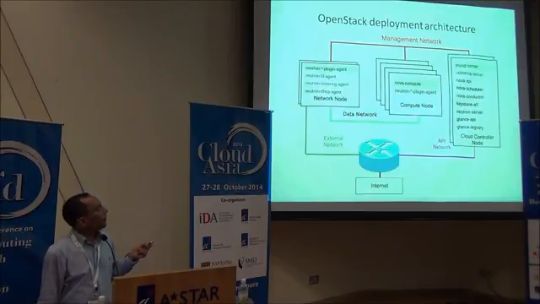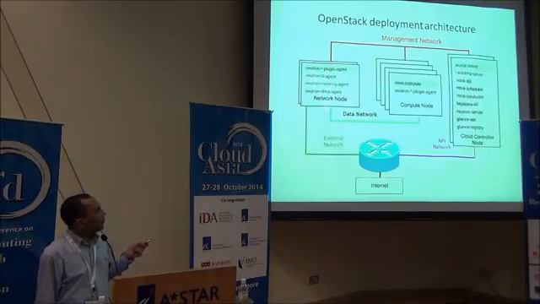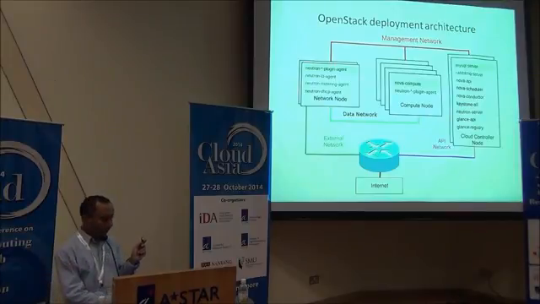Now, network node: you have a separate network node, and the compute nodes all connect to it. Maybe through that you have a connection to the internet, because finally everybody has to log into the VMs that are being created here.